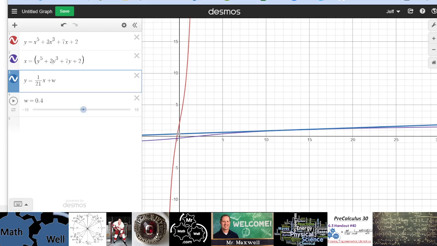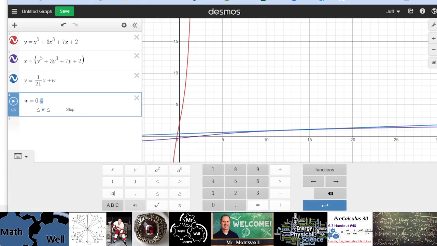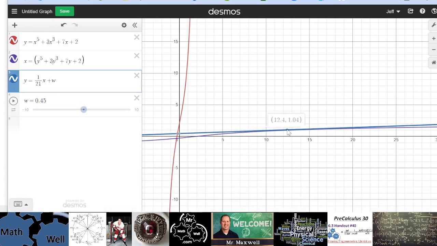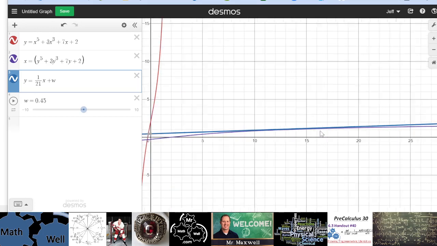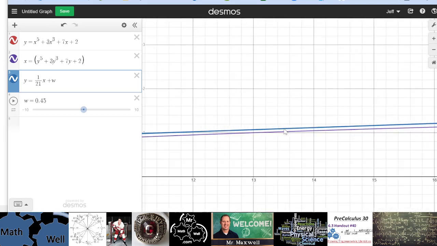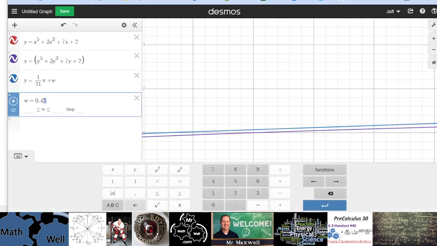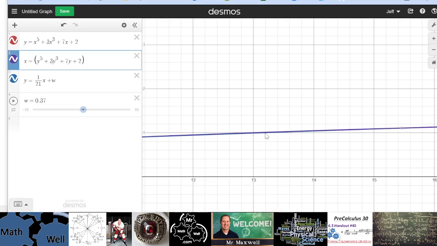And I think that I might need to go like 0.45 or something. Anyways, it's going to be right around here somewhere. That's going to be (13, 1). And so that line right here works for a tangent. It's not exactly on there, see, it's not quite touching, so maybe I'll go the other way. Yeah, pretty close, right?